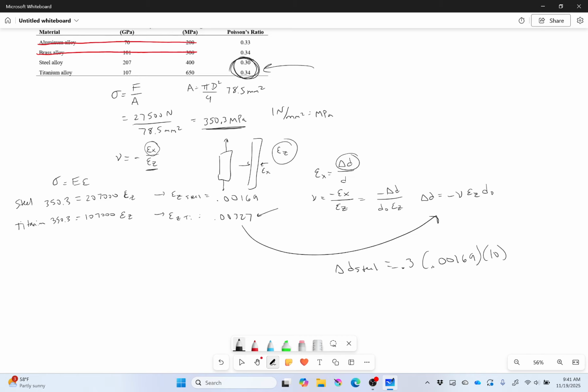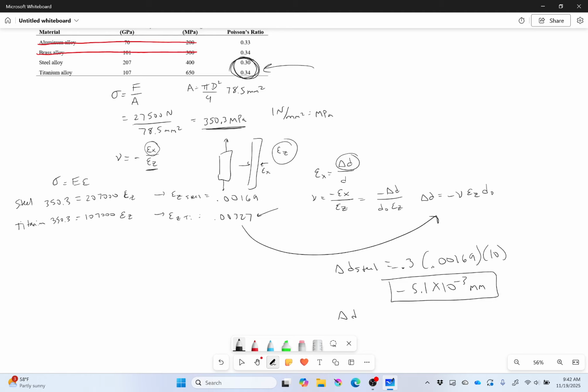And when I plug in my calculator, let's see what I get here. I get a change of negative 5.1 times 10 to the negative third millimeters. So that passes. It is not more than the 7.5 we were worried about, times 10 to the negative third.